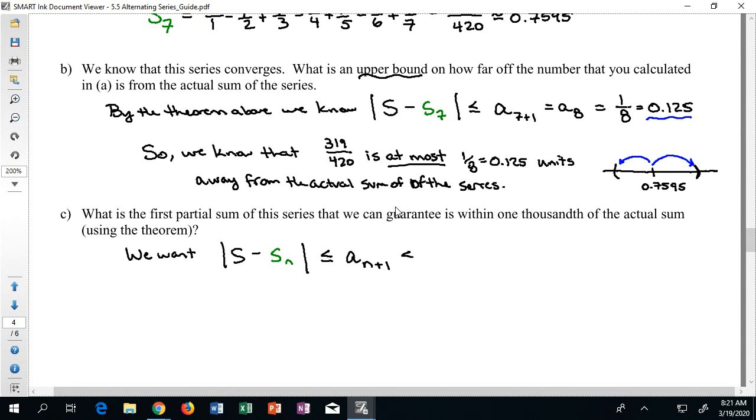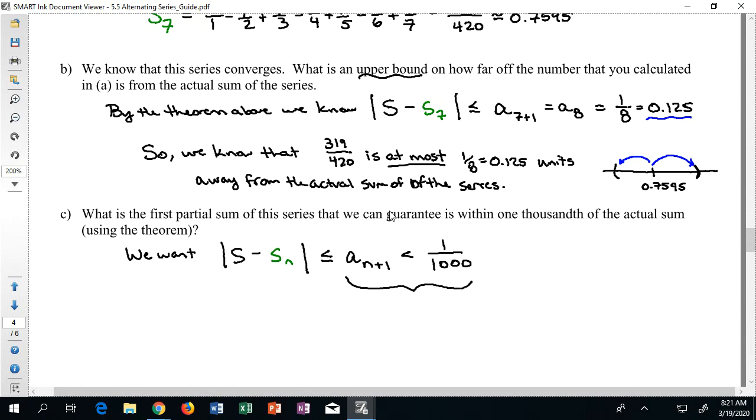So what I can do is imagine making this less than 1/1000th. Then I would definitely be able to say that I'm able to guarantee that the absolute value on this side is definitely less than 1/1000th. So the question would be, what would I have to pick for n to make this possible?